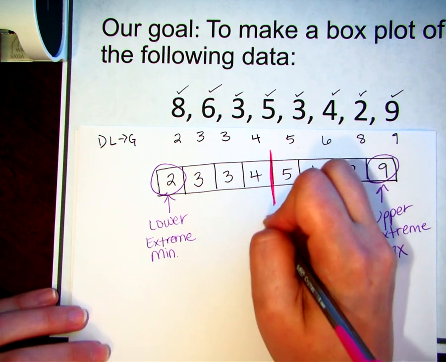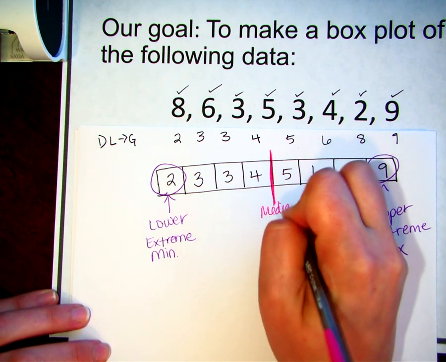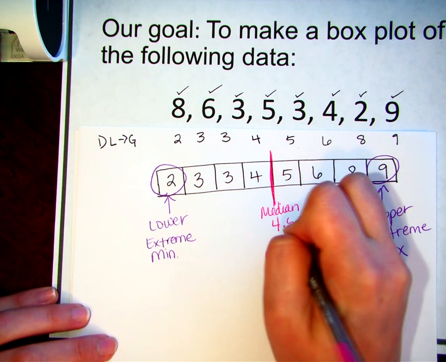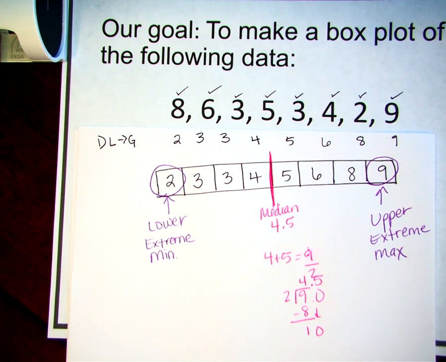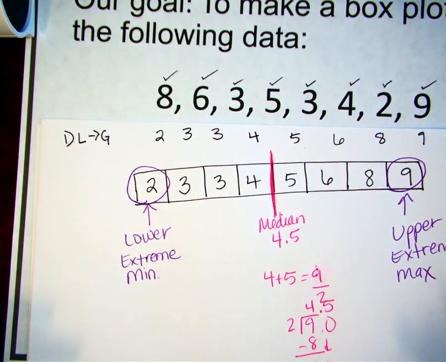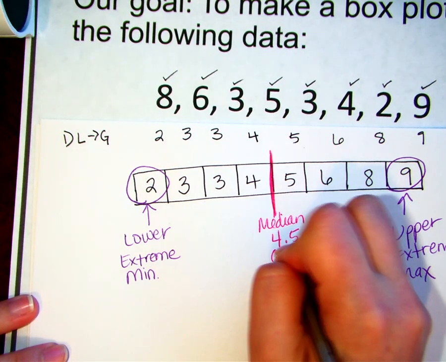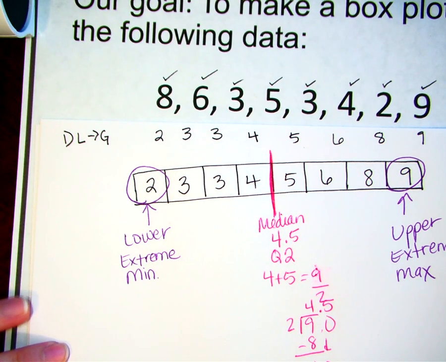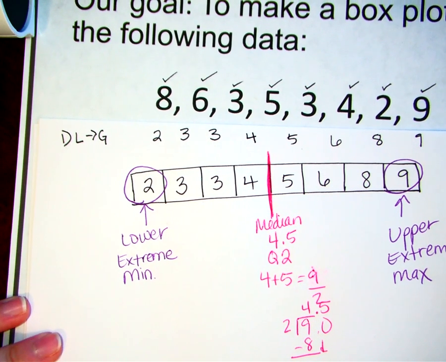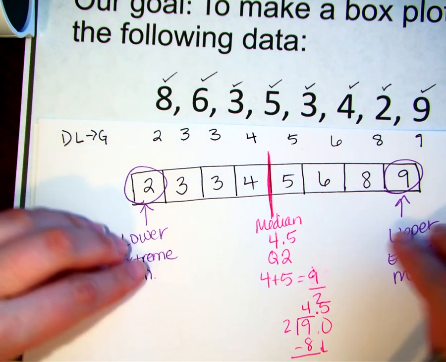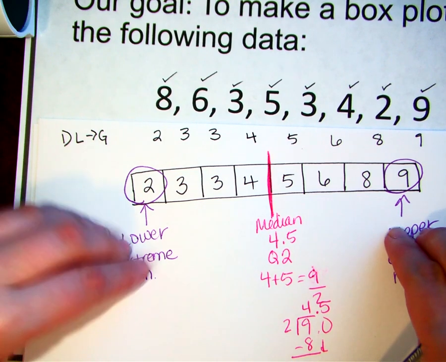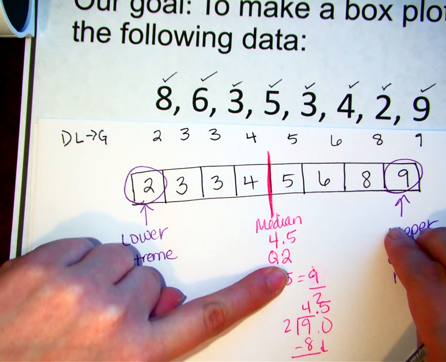So the median, I'm going to label it median, is 4.5. And now a median on this graph could also be called Q2, quartile 2. These graphs are broken up into different parts, so it's lots of vocabulary that you have to familiarize yourself with. So right now we've done the extremes, the lower, the upper, the median, which is quartile 2.